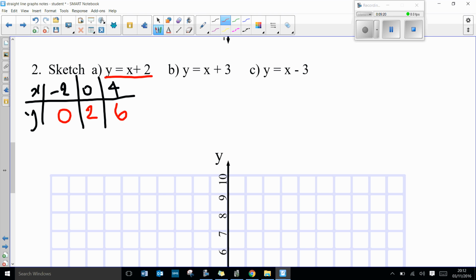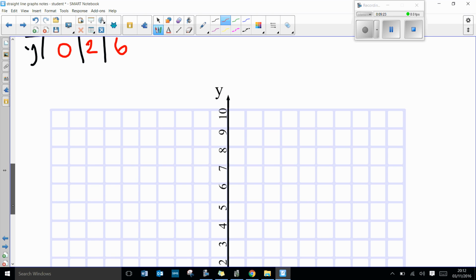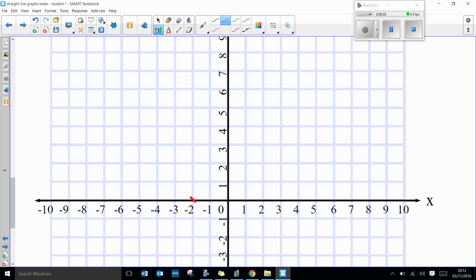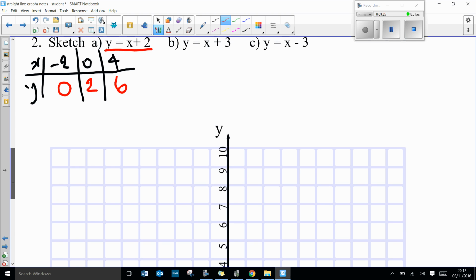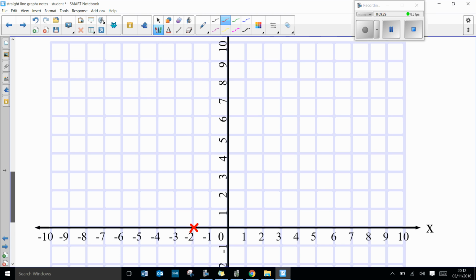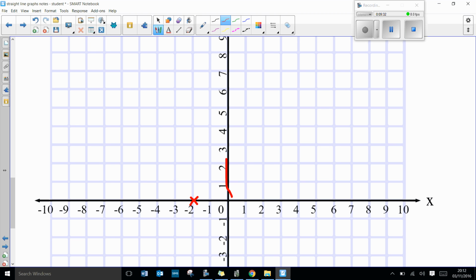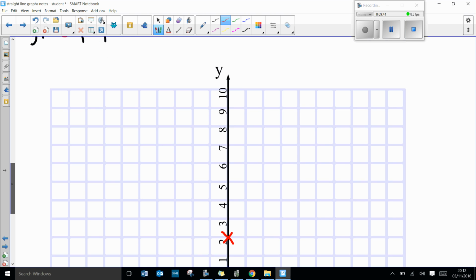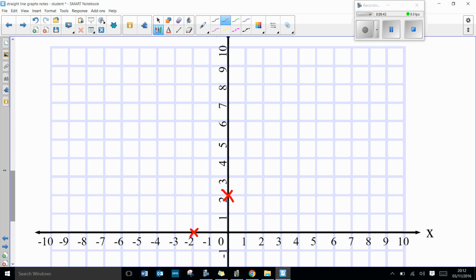So I'm going to plot -2, 0, 0, 2, and 4, 6. There's that line there. Notice I've extended both sides of the coordinates I've drawn because I know the line does carry on going on forever.